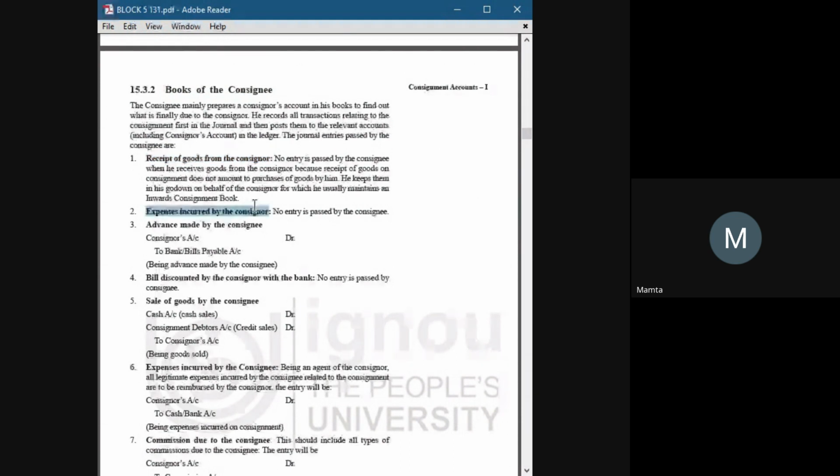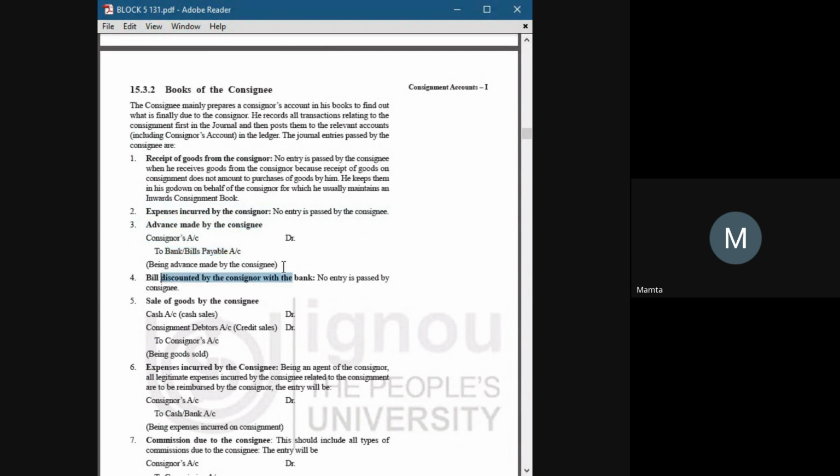So the first entry in the books of consignee would be advance made by the consignee. If the consignee has made any payment to the consignor in advance, the entry would be consignor account debit to bank or bills payable.